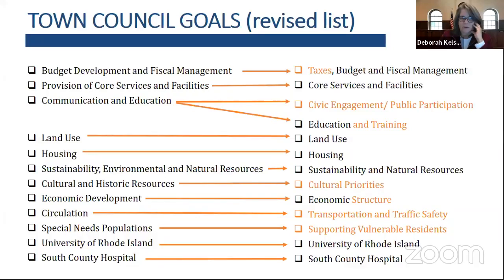So many of these goals are intertwined, right? I feel woefully inadequate in my knowledge of a lot of the issues. I'd like to see us reach out to the departments and the boards and commissions and say to them, here's what we have in place. Take a look at it and tell us what you think about this.